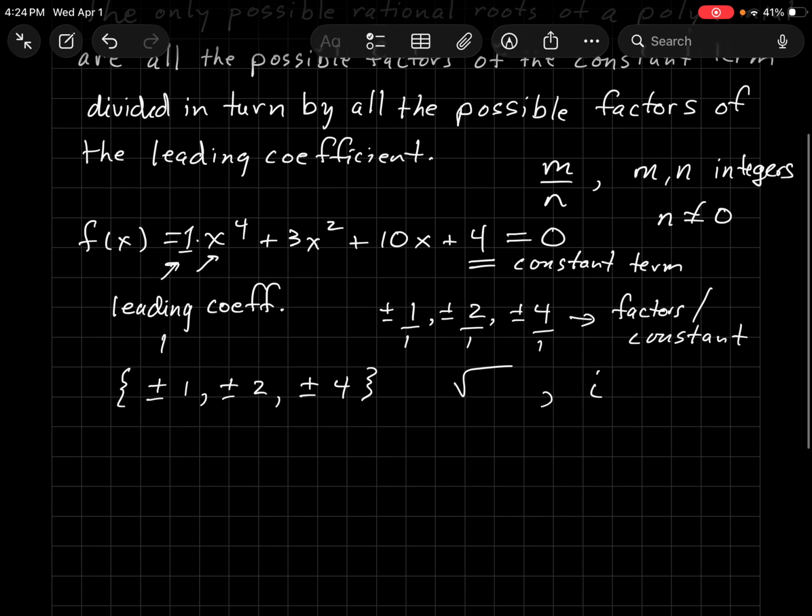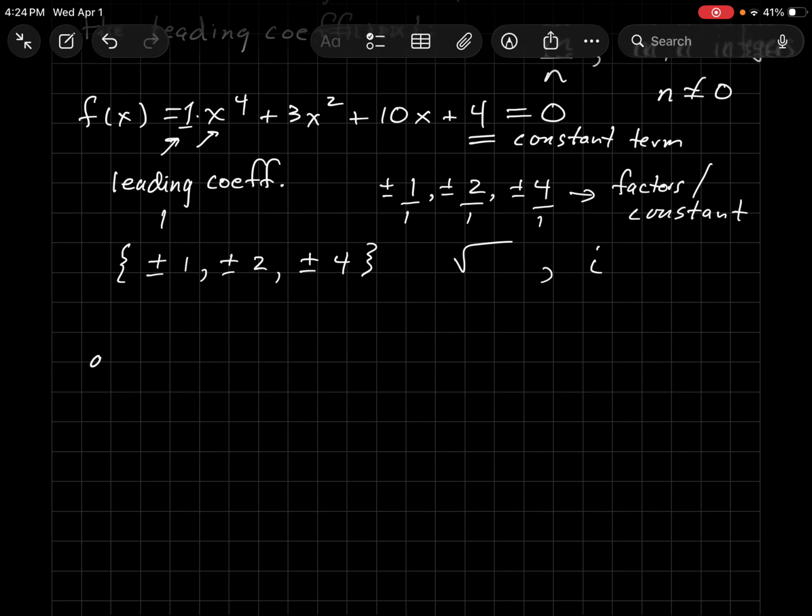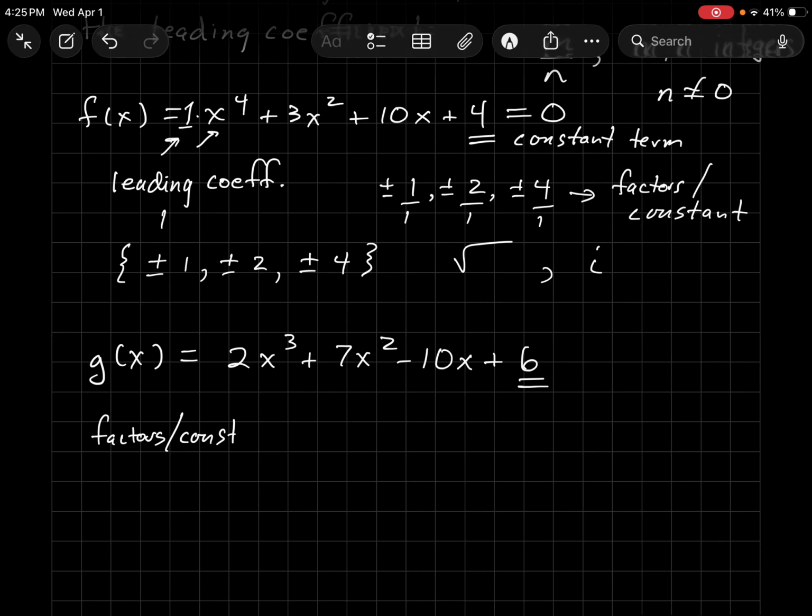Let's do another example, slightly more complicated. What if I have g of x equals, let's say, 2x cubed plus 7x squared minus 10x, and then we'll do plus 6. The 6 is my constant term. The factors of the constant term are 1, 2, 3, and 6.